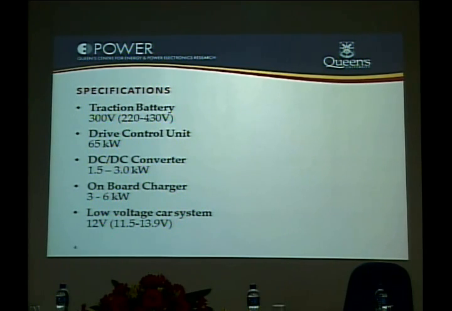Then the other one is the drive control unit, which for a typical urban car is about 65 kilowatts. And then a DC-DC converter, which is somewhere between 1.5 to 3 kilowatts, and the onboard battery charger, which is about 3 to 6 kilowatts.